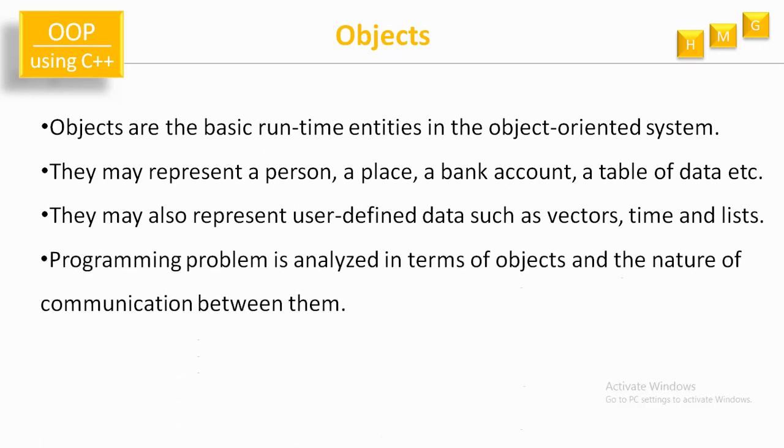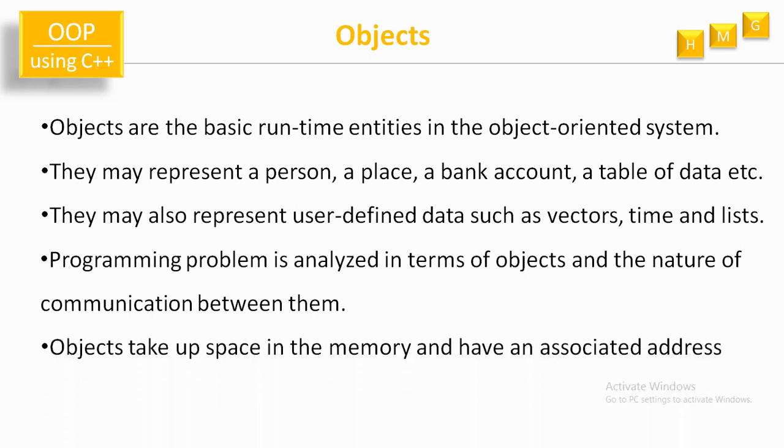The programming problems which we are going to solve are analyzed in terms of objects, and the objects establish the communication between them. The objects are created in the memory and they occupy certain memory space and thus also have an address associated with them.